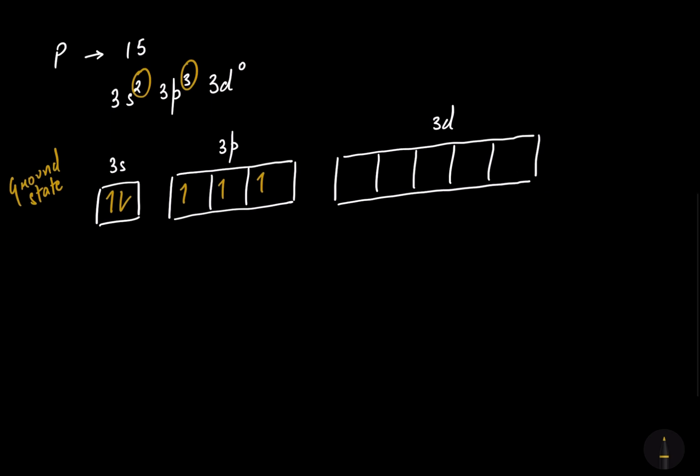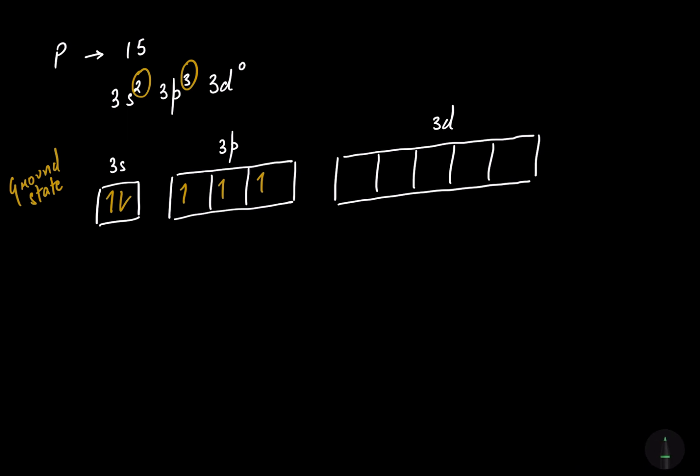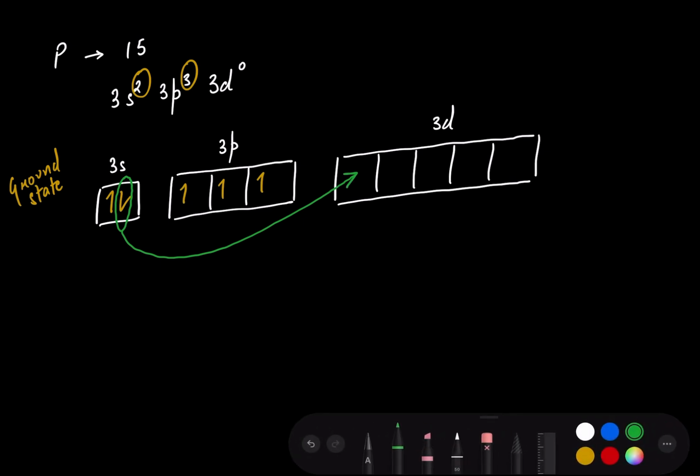So that means in this case, 1 electron from the 3s will be excited to the orbital of the 3d. So here the electron has been excited and we are going to make the excited state now.